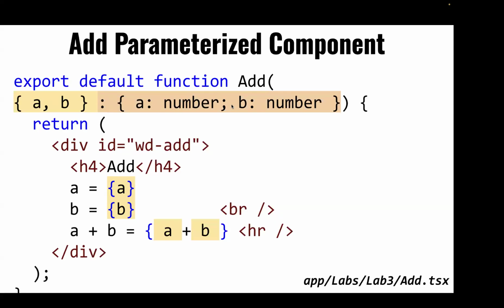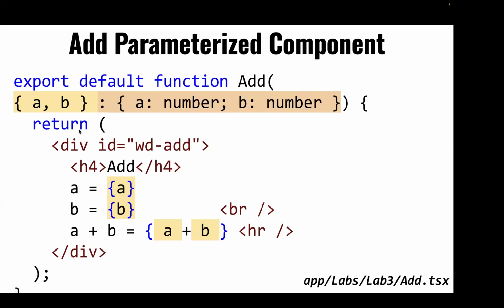Here's the first time we have an actual argument that we're passing, A, B. Notice that the syntax is that we are expecting to receive an object, or a map, with properties A and B. And because we're using TypeScript, we are forced to do some type checking, making sure that what you're passing me are numbers.